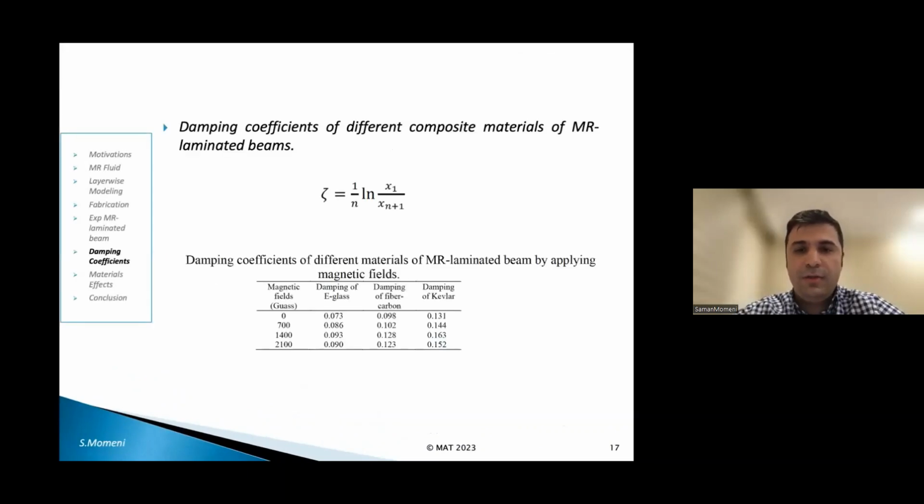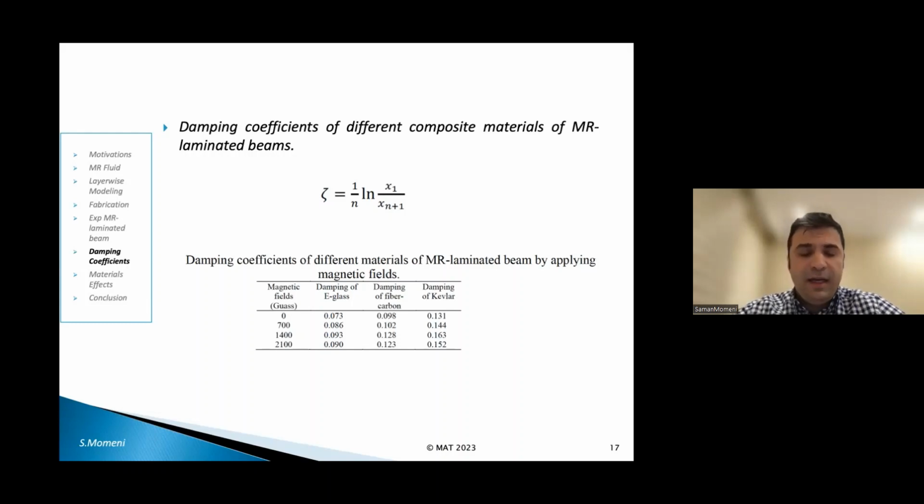In order to determine the damping coefficient of different composite materials of MR laminated beams, we can use this formula. By selecting this formula, and based on the table below, the damping coefficient of Kevlar, for example, in zero Gauss magnetic field, is bigger than the damping coefficients of fiber carbon and e-glass.